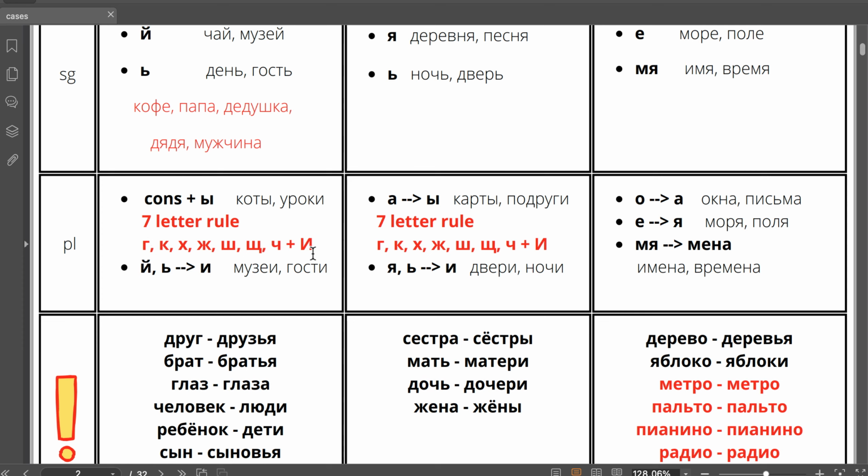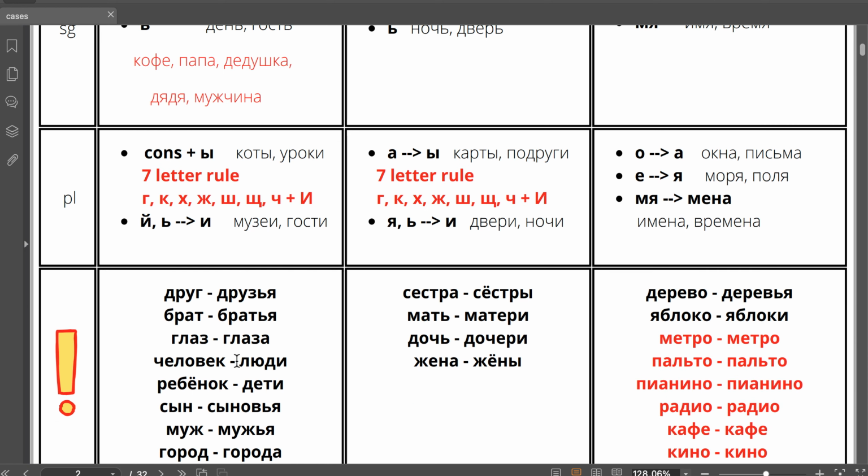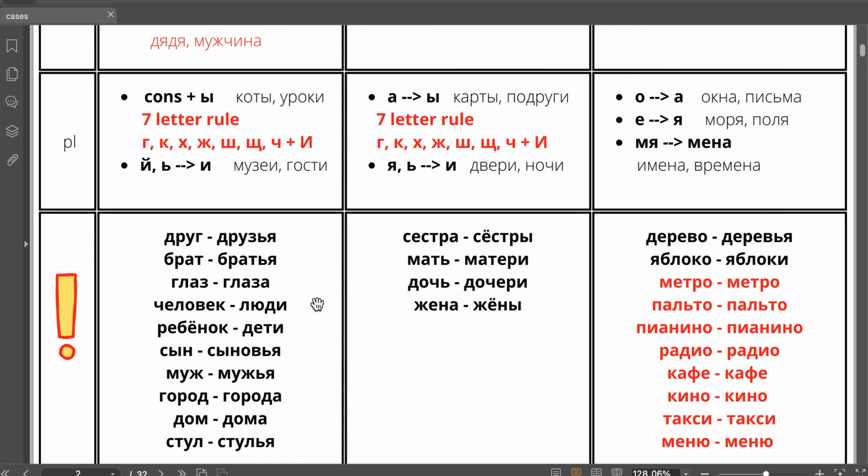So you say други, which is grammatically correct, but it's a regular plural. Друг, one friend. Друзья is the only correct way to say friends in Russian. Even the popular TV show Friends is called Друзья in Russian.